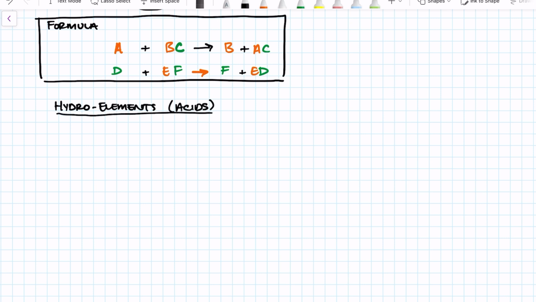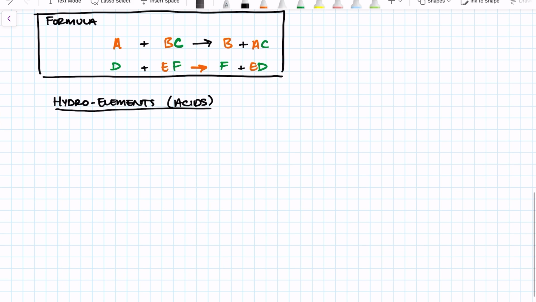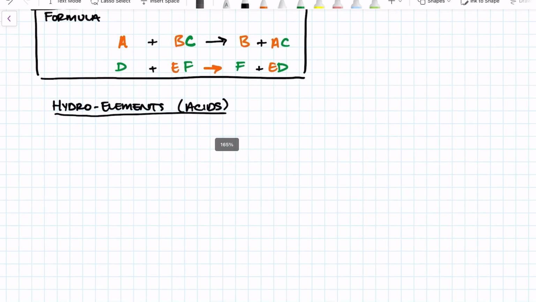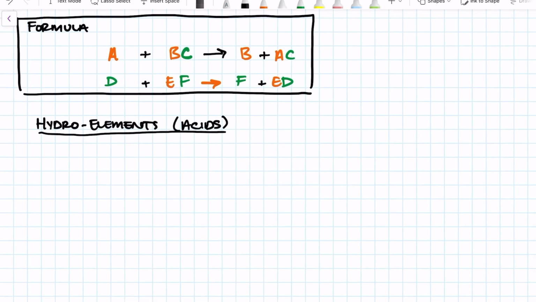And you're going to actually see one familiar example in a second here. All right. So one of these hydro elements that we might be aware of is something like hydrochloric. Or actually, you know what? Let me start with this. These are elements. These are molecules with hydrogen.